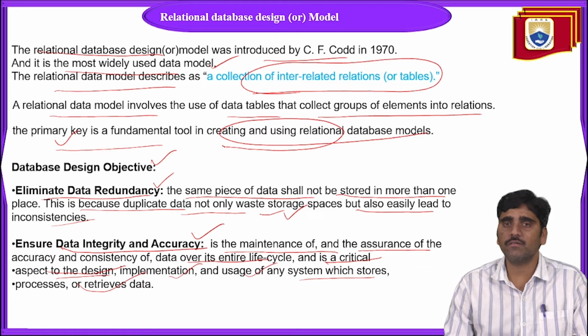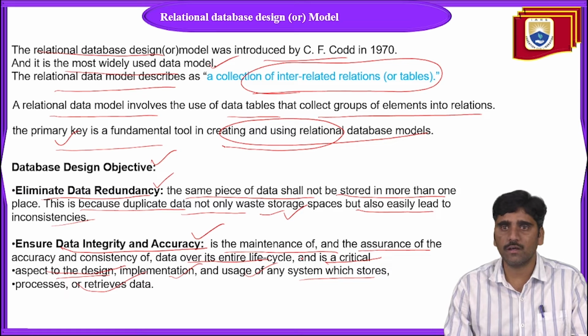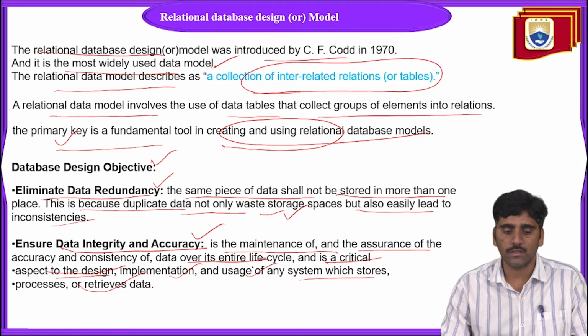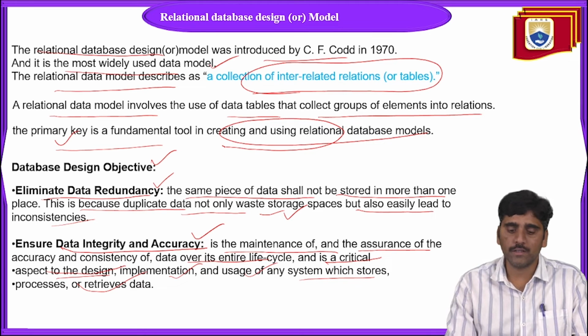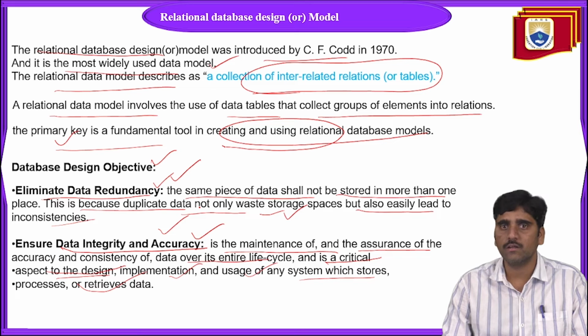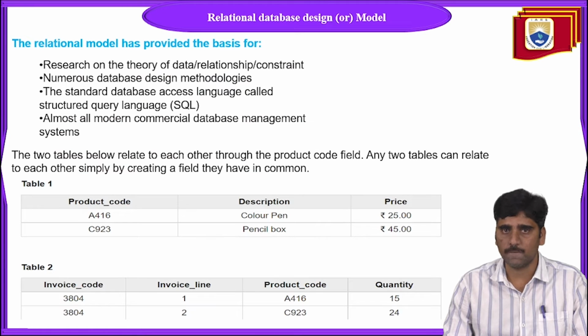So we have to give the assurance of the data and maintain its consistency over the entire life cycle of the application. For this purpose also we use the relational database model. These are the objectives of designing the relational data model.